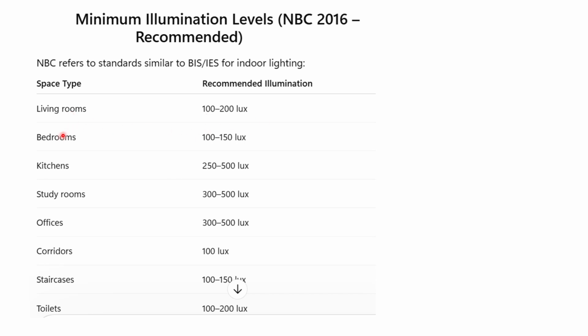In bedroom, it is generally 100 to 150 lux. In kitchens, 250 to 500 lux. Study room, 300 to 500 lux. Offices, 300 to 500 lux. Corridor, 10 lux only. Staircases, 100 to 150 lux. Toilets, 100 to 200 lux.